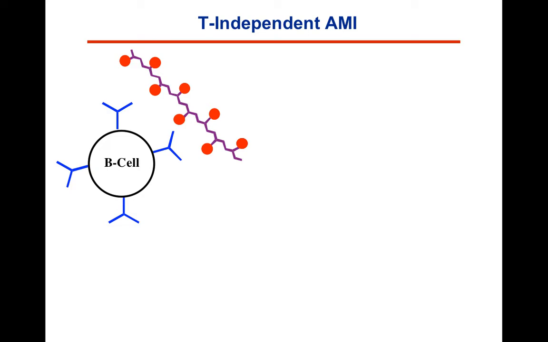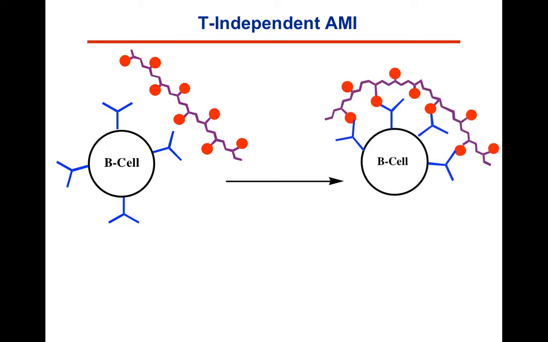Those can bind to the antibody on the B cell, and they'll cause the aggregation of those antibodies on the surface.